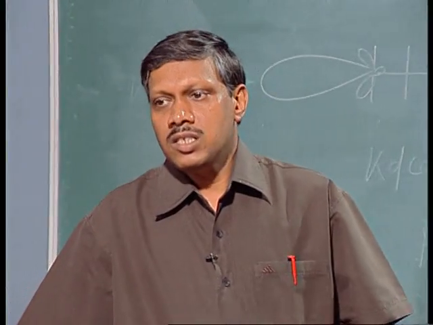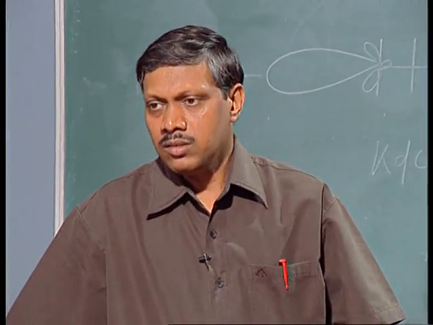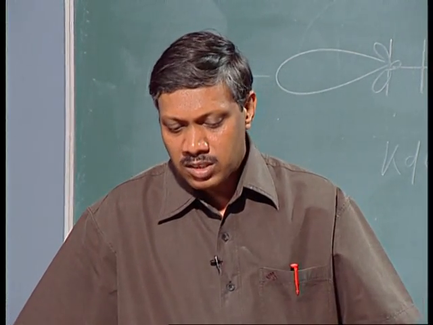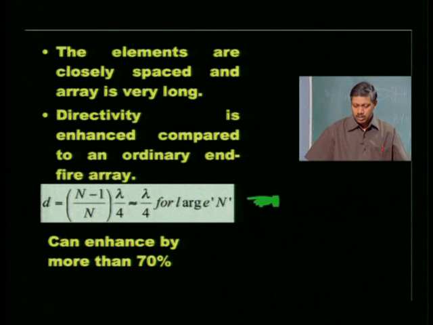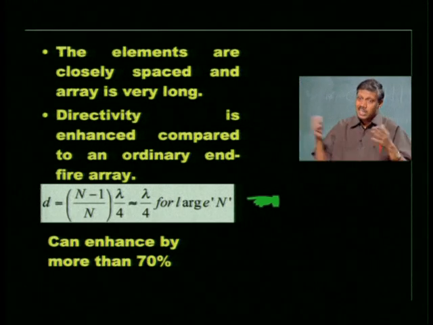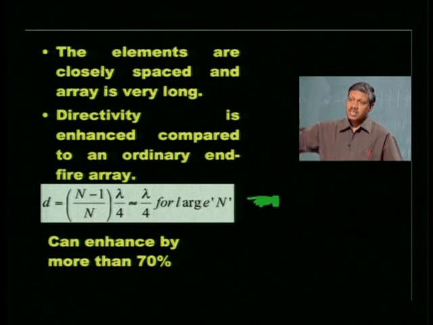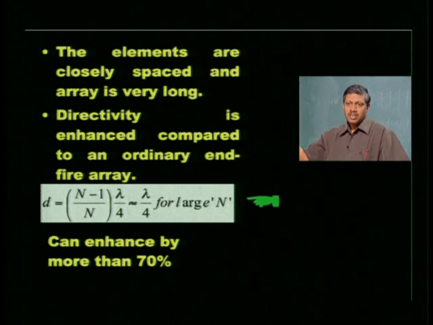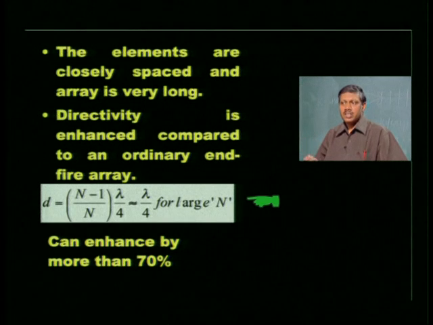Here the directivity is a dependent function of the separation between the elements, and in normal circumstances it is given as n minus 1 by n into lambda by 4. But the Hansen-Woodward condition is valid for a large array when the distance is also large. So, when you are comparing a large array, obviously n minus 1 divided by n will be nearly equal to 1, because n minus 1 and n will be nearly equal.